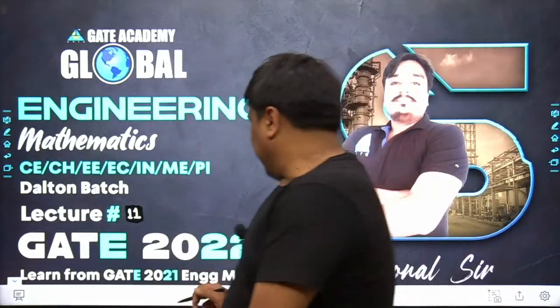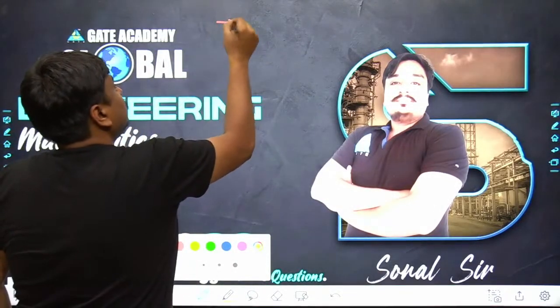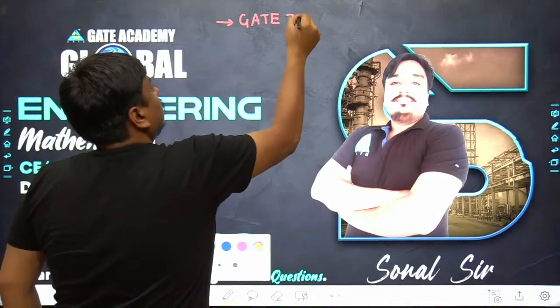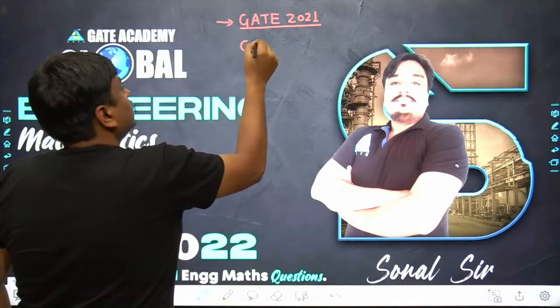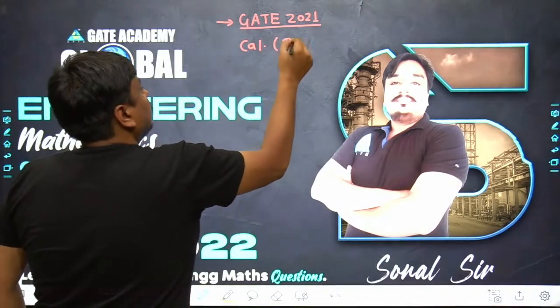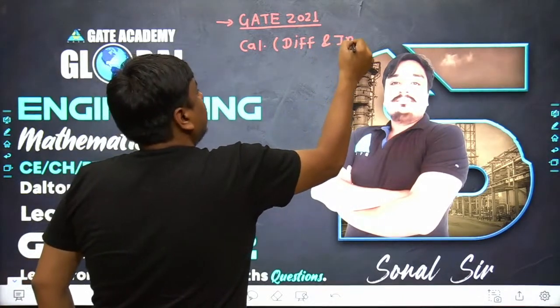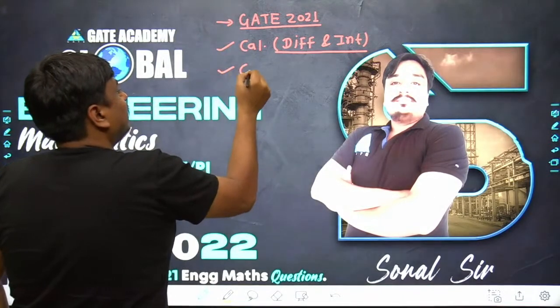So the agenda must be very clear to all of us. We are going to take the questions which have appeared in GATE 2021 from the topic called calculus. There I would be considering problems from differential calculus and integral calculus. Once we are done with these topics, we would move into the next part of calculus.